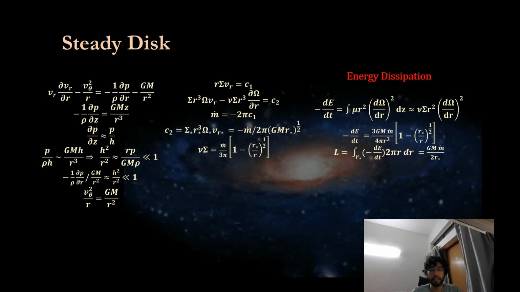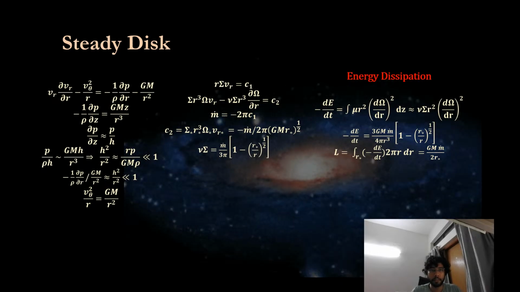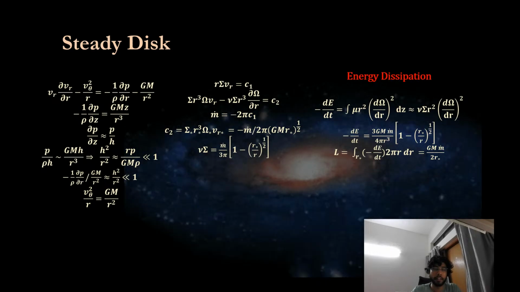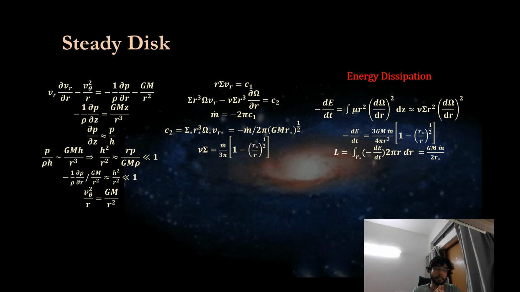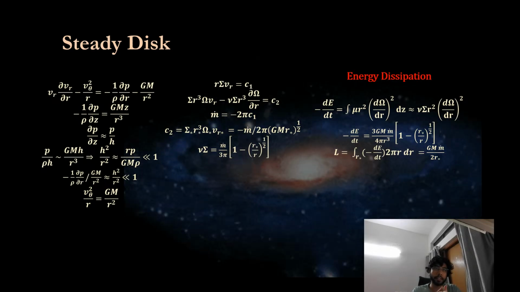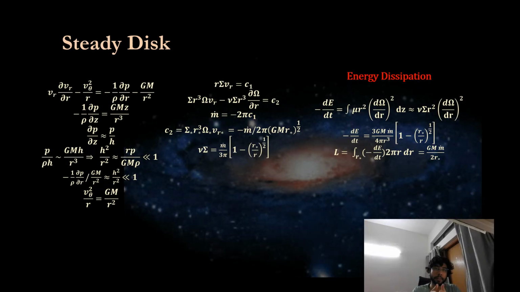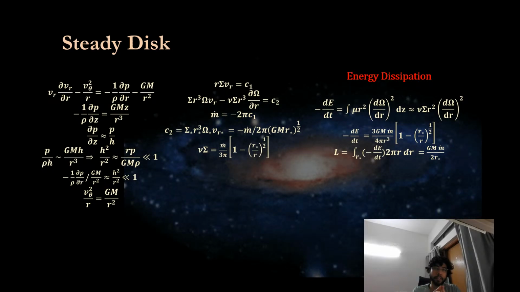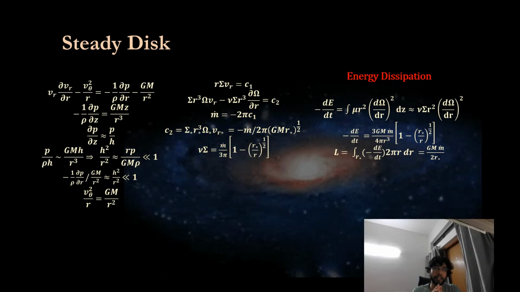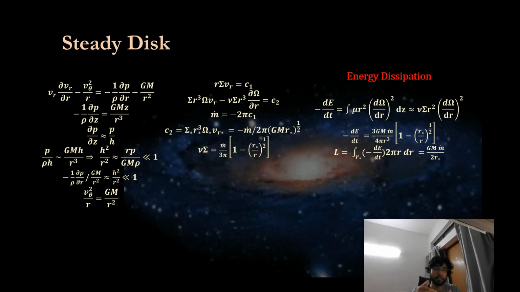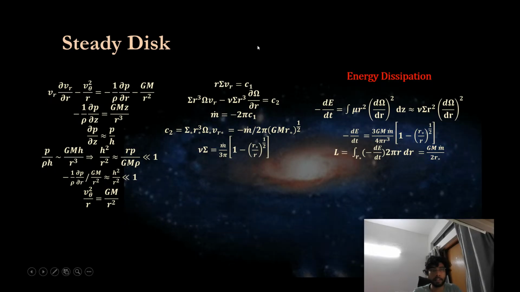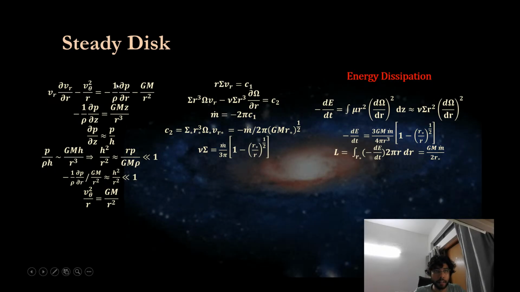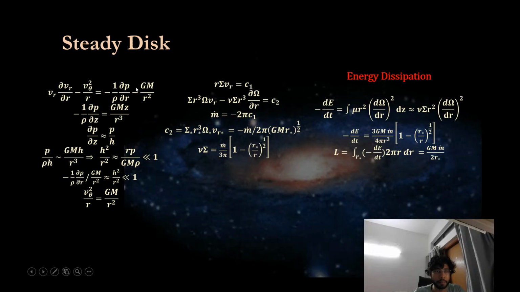The viscosity plays a major role in the phi direction, because only in the phi direction is there a difference in velocity between the two layers, right? As I was saying in the first slide, the viscous force arises from the difference in velocities between the two layers of the fluid. The difference in the layers of the fluid is only in the phi direction. There is not much difference in the layers of fluid in the radial direction. So we can safely neglect the viscosity in the radial component of this momentum equation.